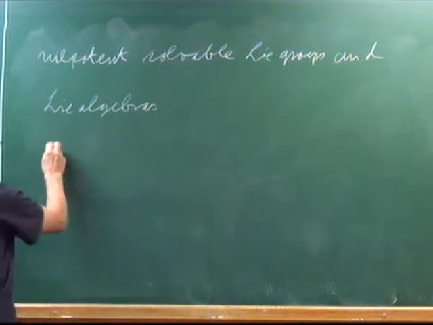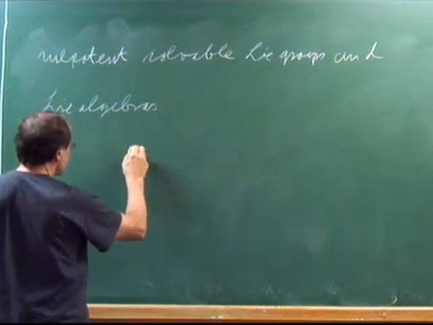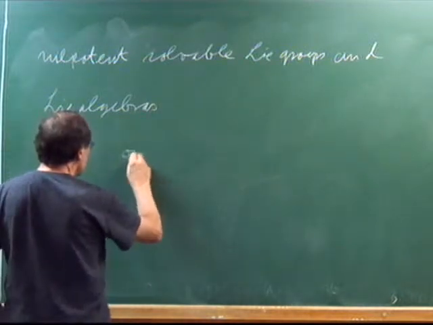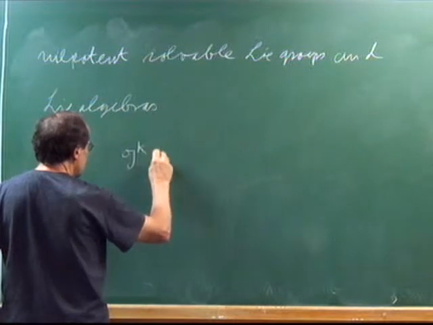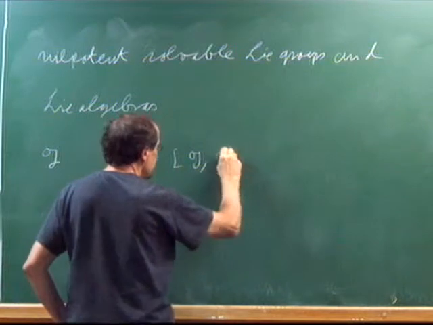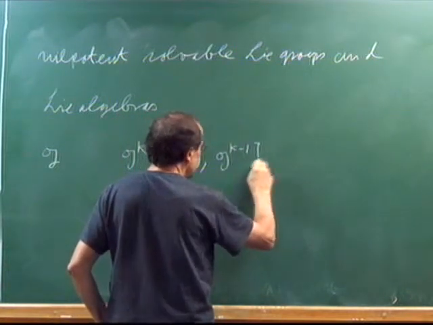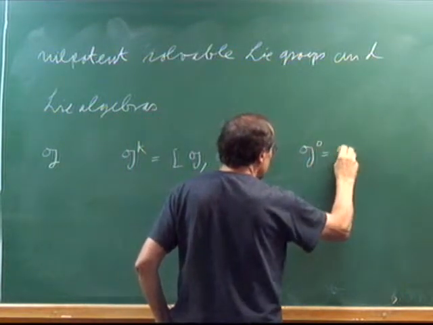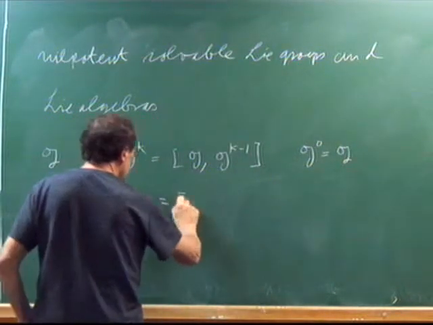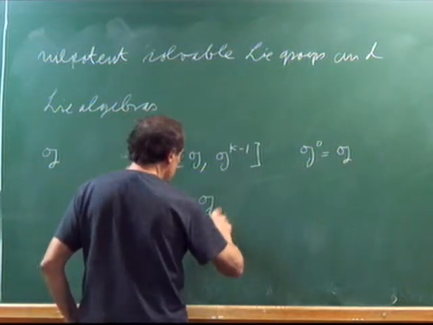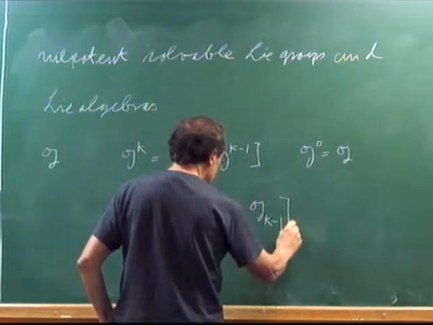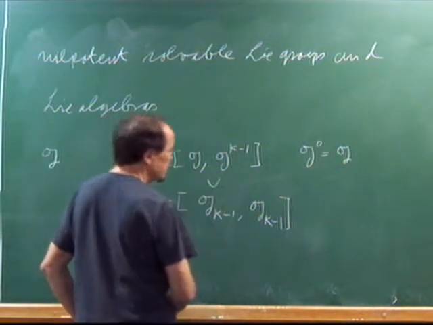So first, if I take a Lie algebra G, I can define two series. This is a usual thing that you know for groups also. G upper K is defined inductively as the commutators between G and G upper K minus 1, where G0 is G. Then I have a corresponding lower one, where I take the brackets between G lower K minus 1 and G lower K minus 1, as opposed to all of G, so it sits inside here.